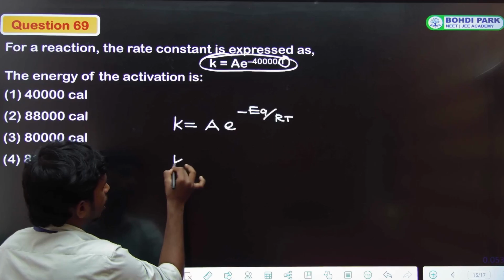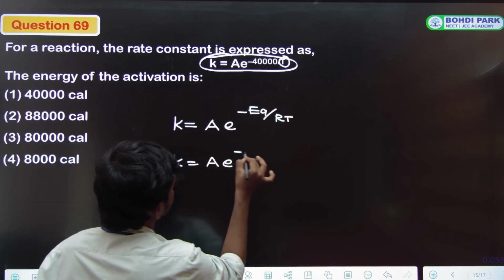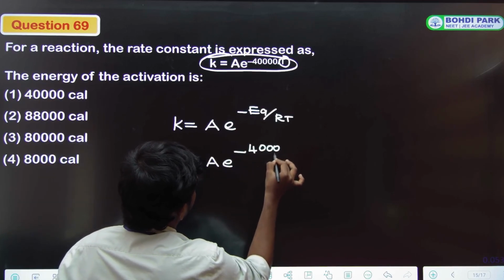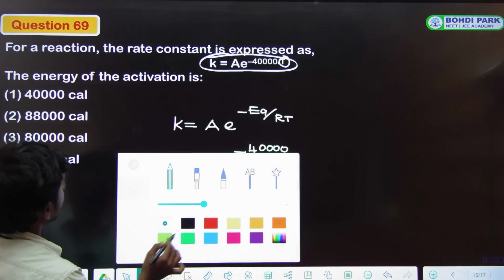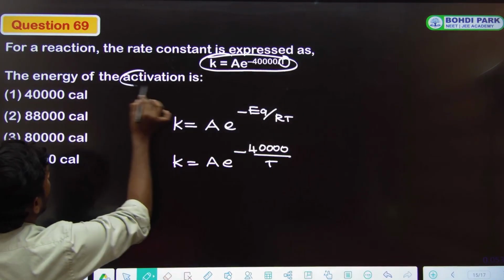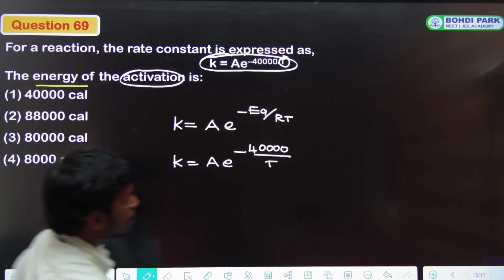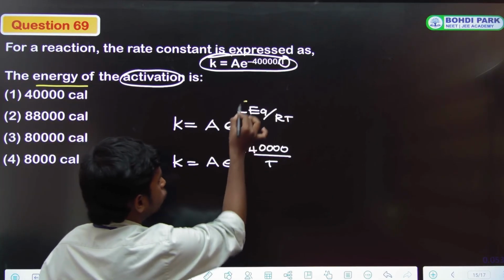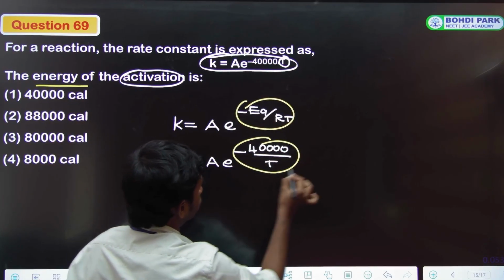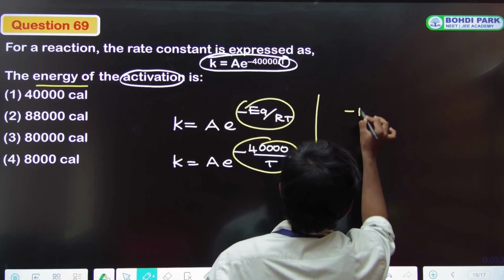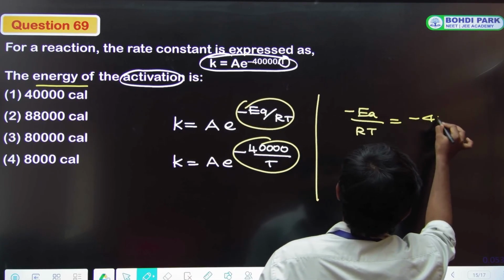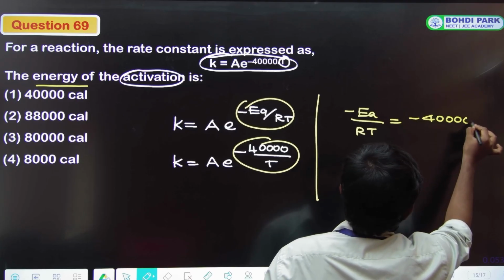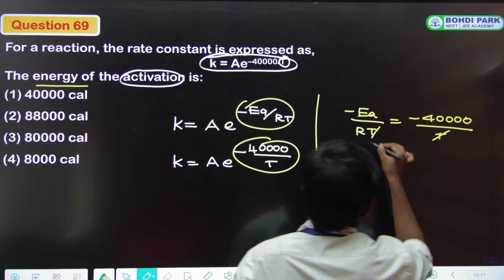What they have given is K is equal to A power minus 40,000 divided by T. What is asked is the activation energy. This full term is equal to this full term, so we can compare minus Ea by RT is equal to minus 40,000 by T. So T will cancel each other.